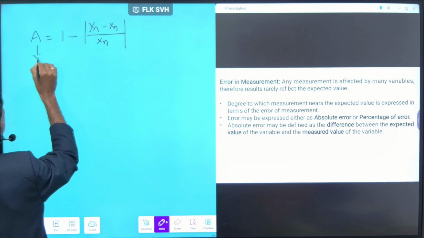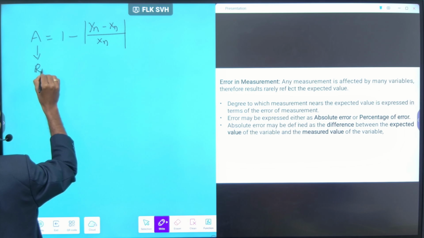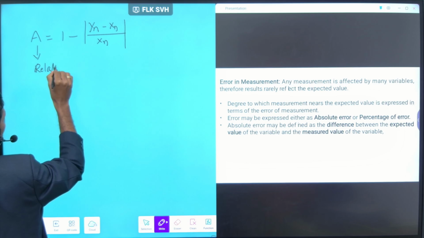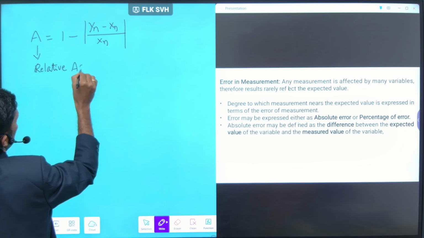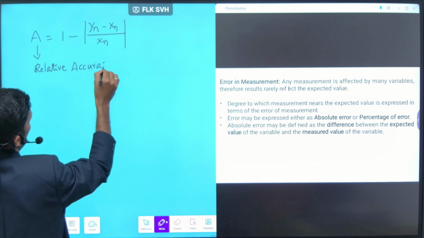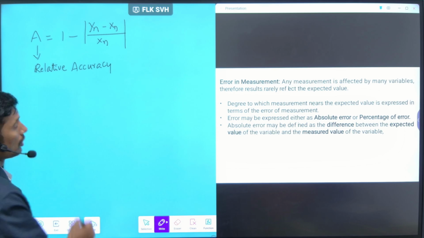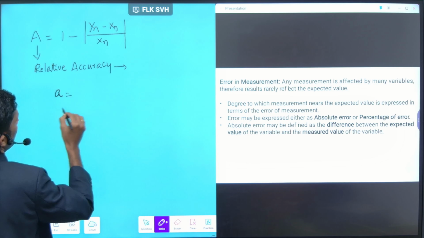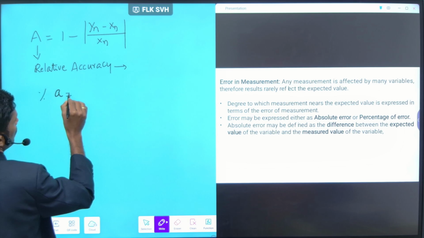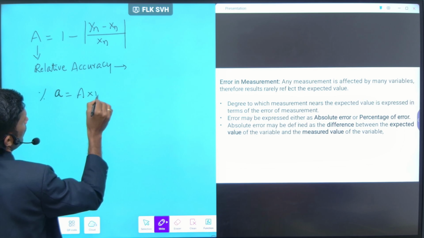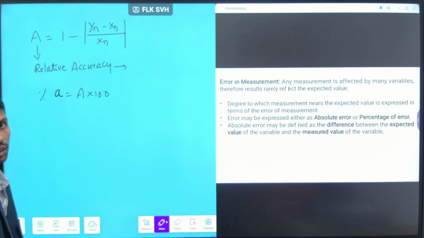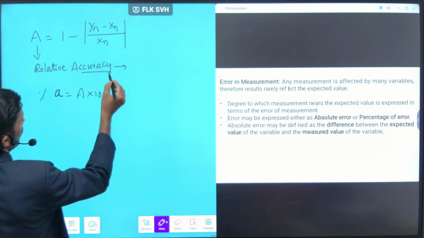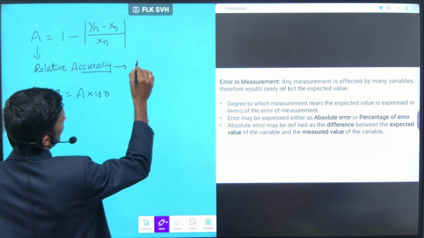This A we call the relative accuracy. By using this relative accuracy, you can calculate the percentage of accuracy. Small a equals capital A into 100. This is called accuracy by using the error.